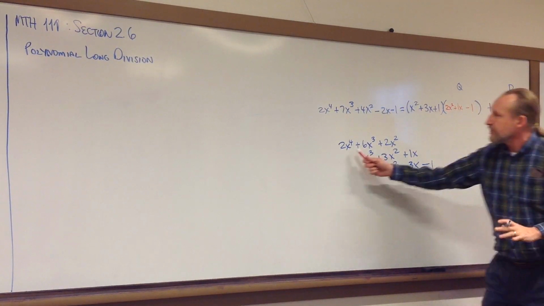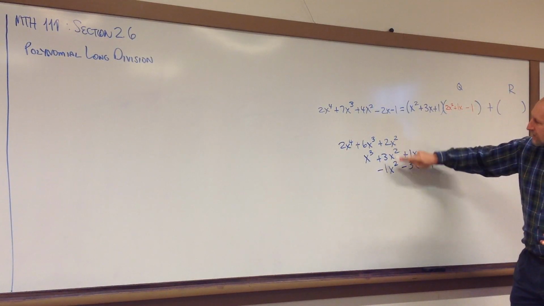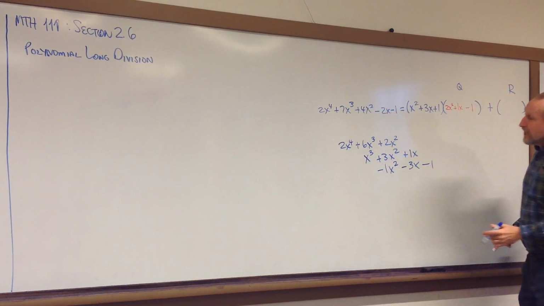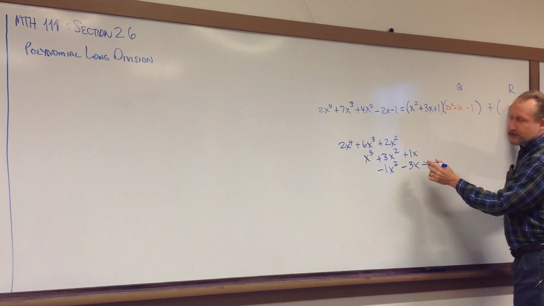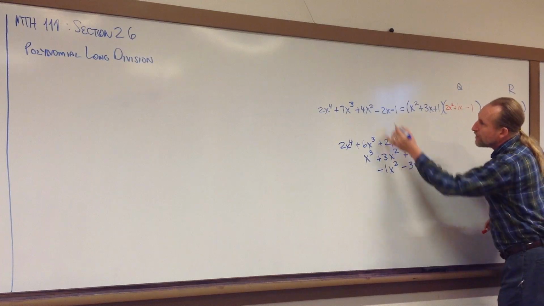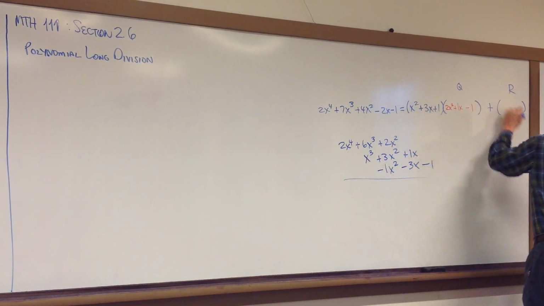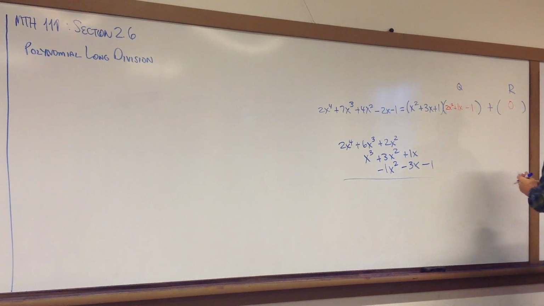Okay, so now we've got our 2x to the fourths. We've got our 7x cubes. This is going to give us 4x squareds. And notice this is why we ended up with a 0 remainder, is because this gives us just what we need. Minus 2x and minus 1. It all matches up. Our remainder is 0.